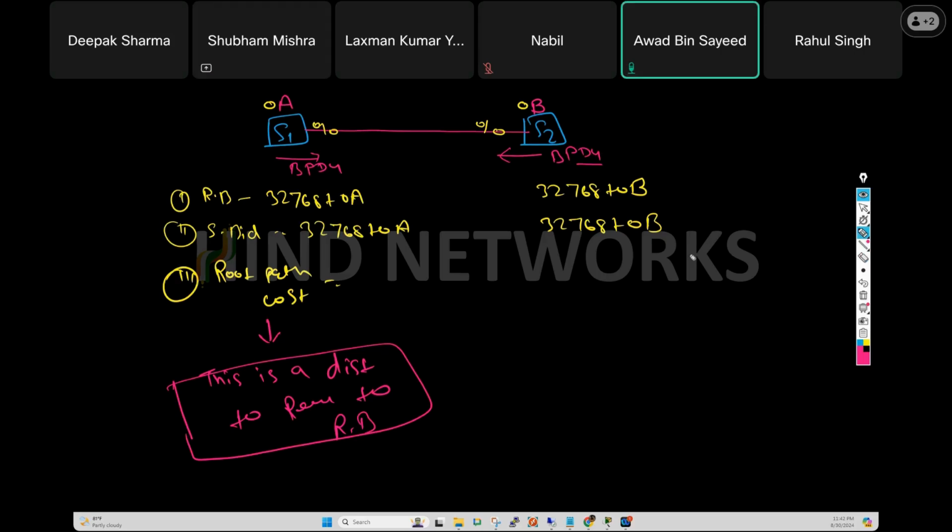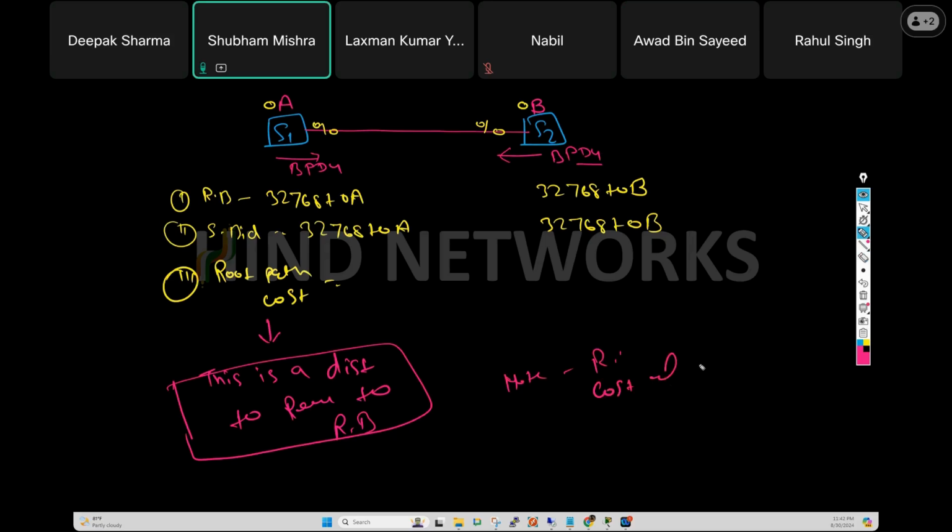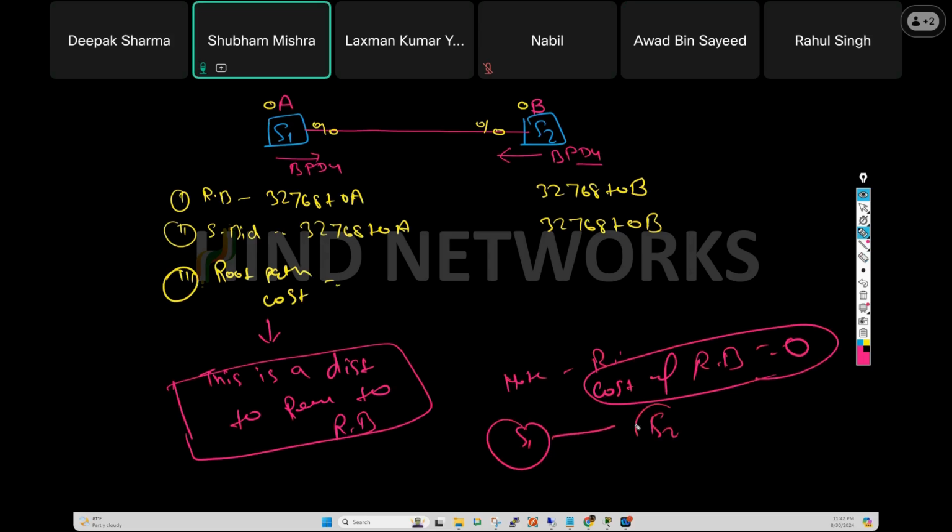Now, please remember one more thing. The cost of the root bridge is always 0. If switch 1 is sending the BPDU and switch 1 is the root bridge, what is the cost, guys? 0.